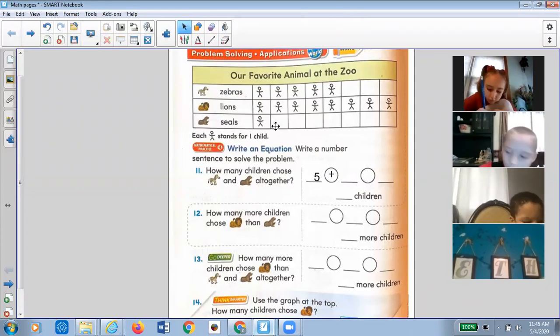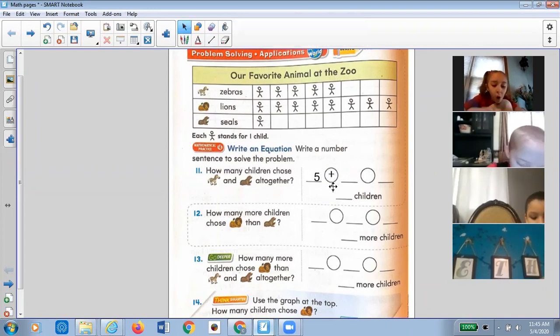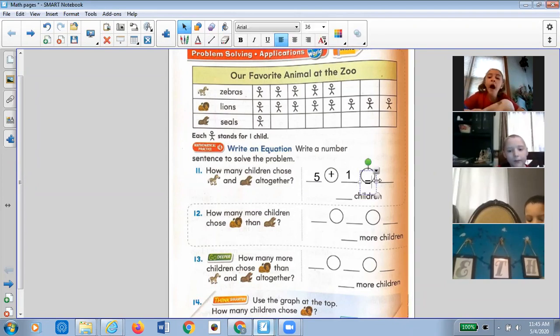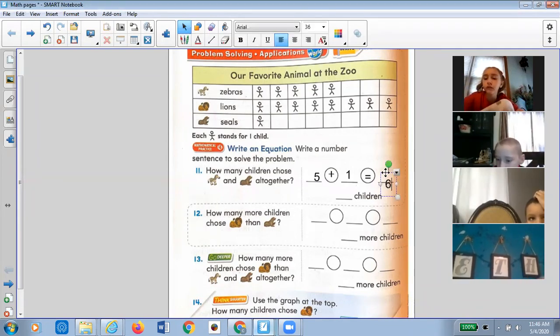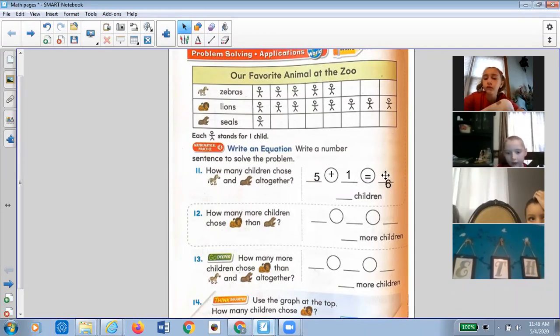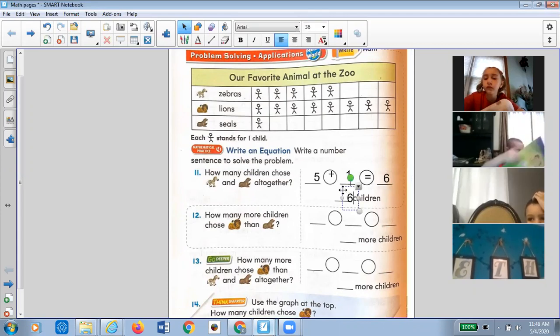And then there's 1 person that likes seals. Put your equal sign. So 5 plus 1 equals 6. So your total is 6 children like zebras and seals. So please fill that out on that page.